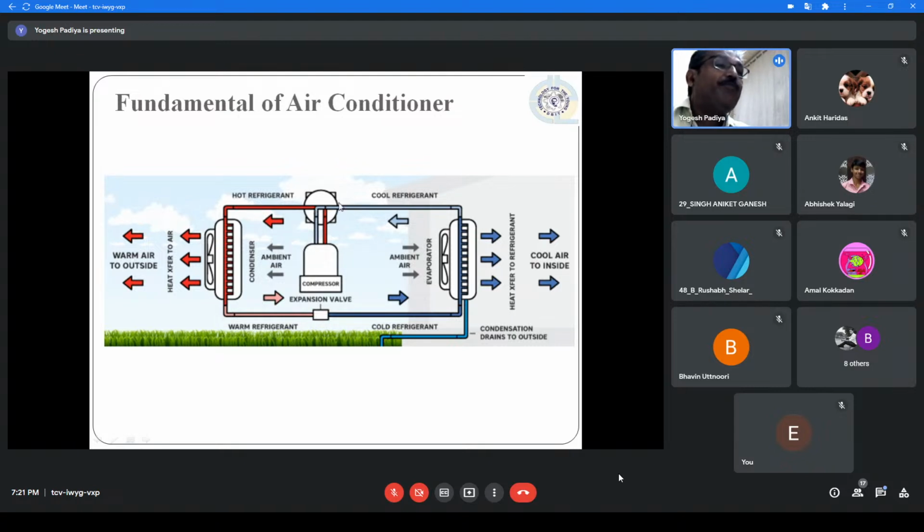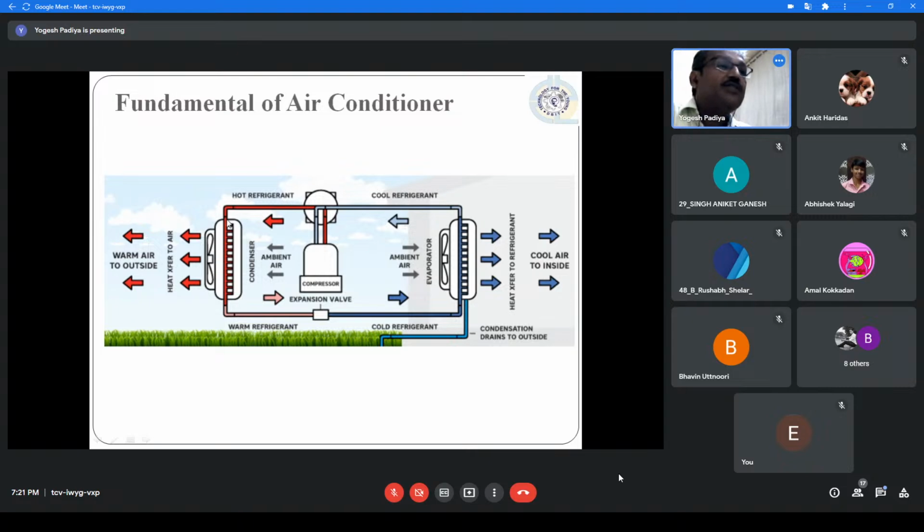I am consuming power here because my condenser is unable to reject the heat. So if I provide a large surface area in the condenser, then the compressor will require less power. Or if the ambient temperature is less, then the compressor will require less power.